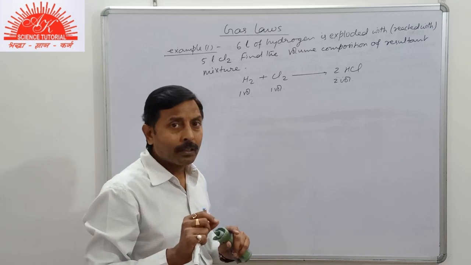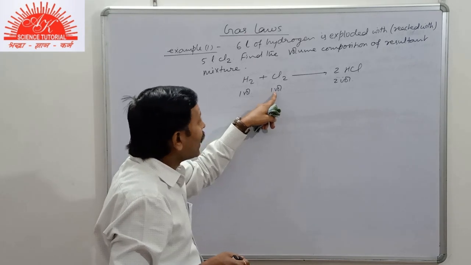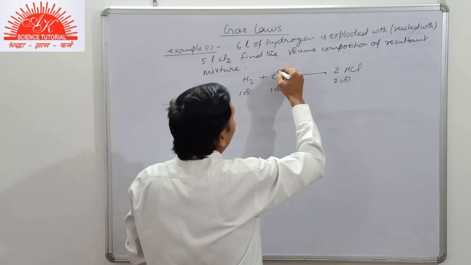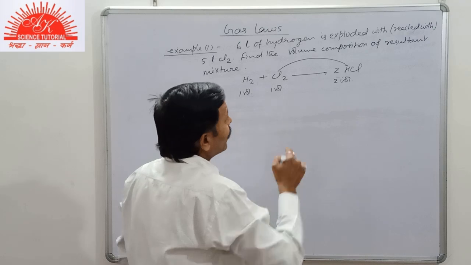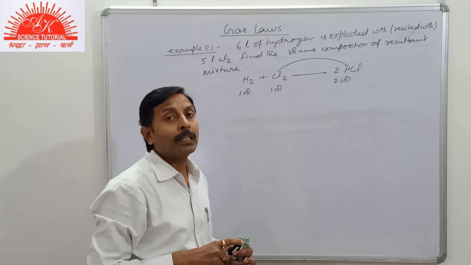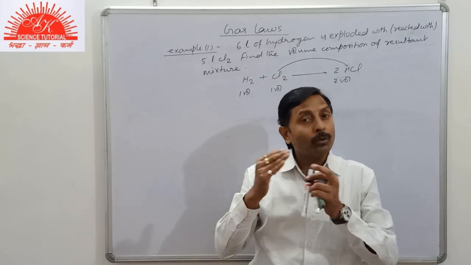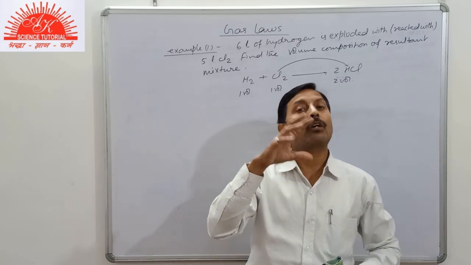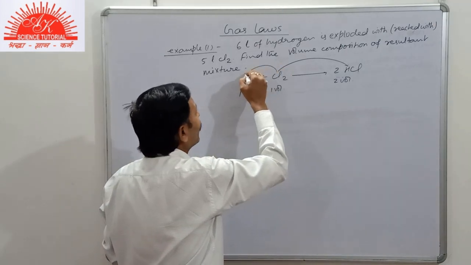It is insufficient, means it will be completely used. So we will calculate starting from chlorine, finding HCl from chlorine. Since we need the composition of the resultant mixture, we will have to find the product, and also look at whether some reactants are left over. That will also be part of the resultant mixture, so from this we will also find this part.